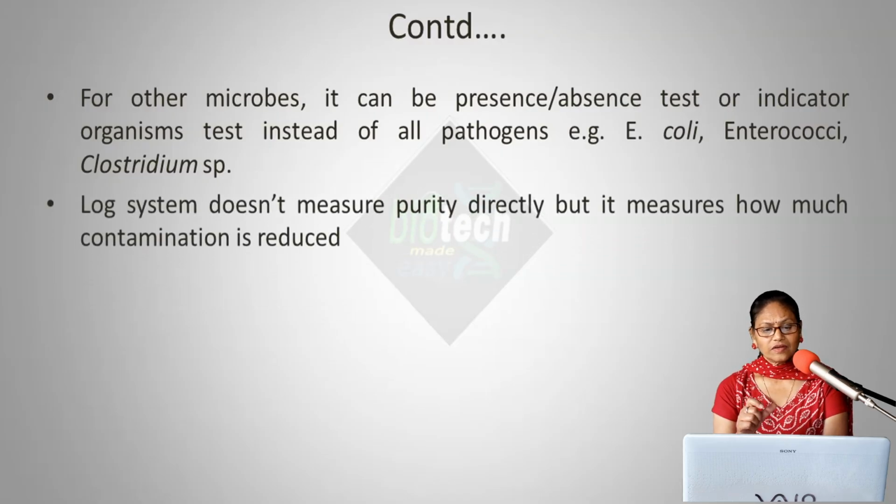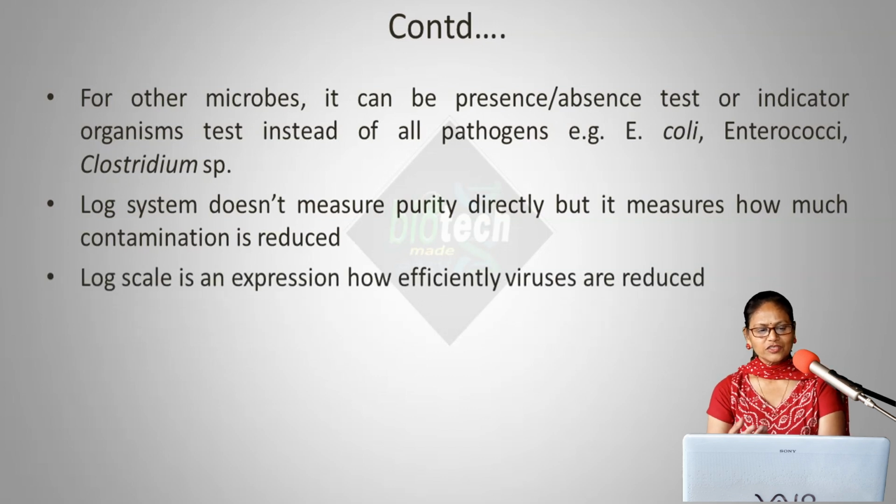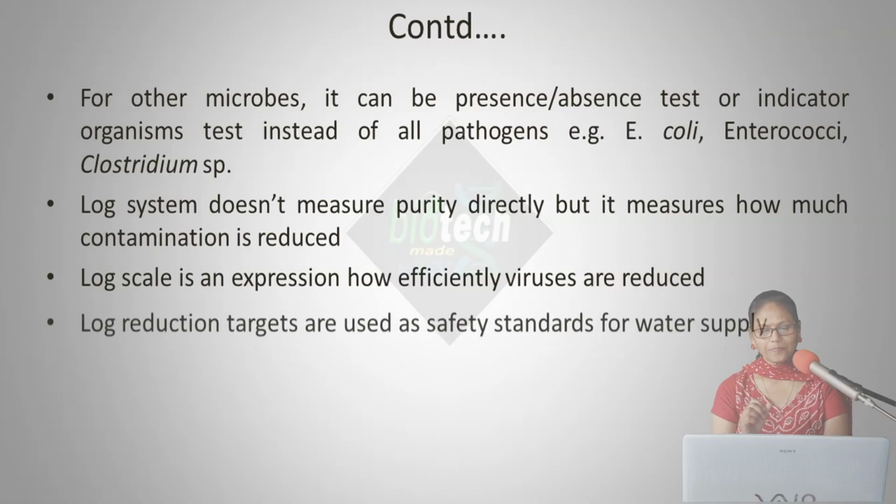Now, how do we define it? The log system doesn't measure purity directly, but it measures how much contamination is reduced. So if there is a contamination of bacteria or viruses, then how much it is reduced, that is what the log system is. In other words, you can say the log scale is an expression of how efficiently the viruses are reduced in a particular sample.